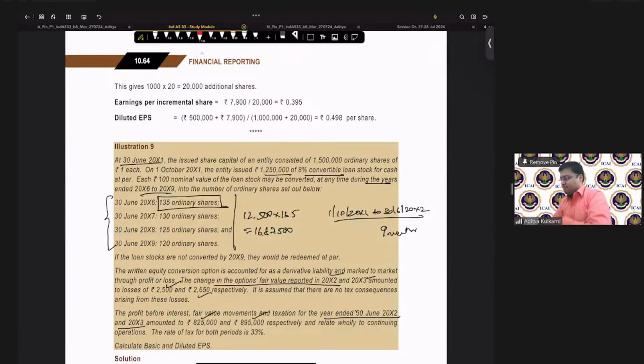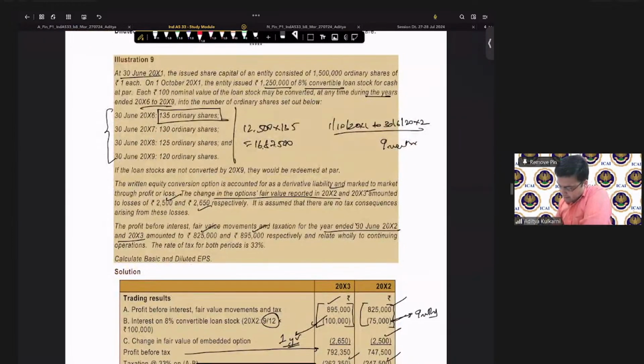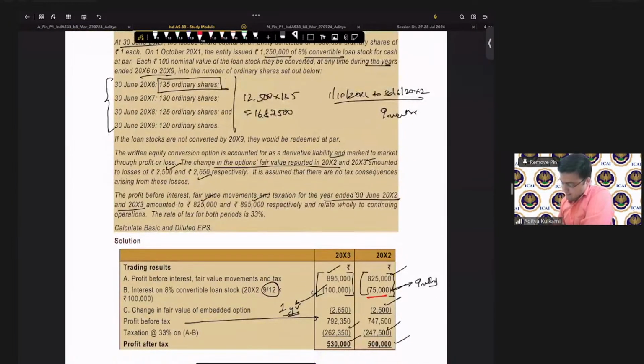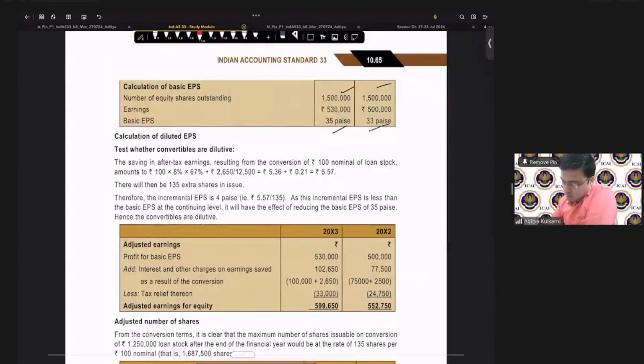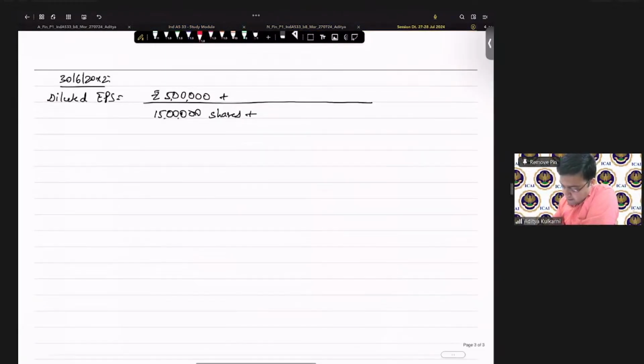Yes. Into, they have already given the interest. Yes. 75,000. So this is what you are going to save. Plus 75,000 into 1 minus 0.33. Obviously net of tax.